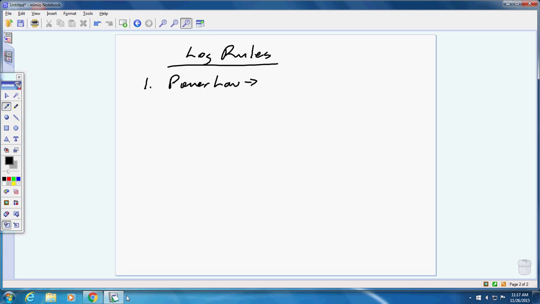says this. The log of base A, okay, and let's put a P here, and let's say it's to the capital M. So just like that 3 to the x that we had there, well, this can be turned into M times the log base A of P. From that same idea in grade 9, the power of a power rule, remembering that a log is an exponent.